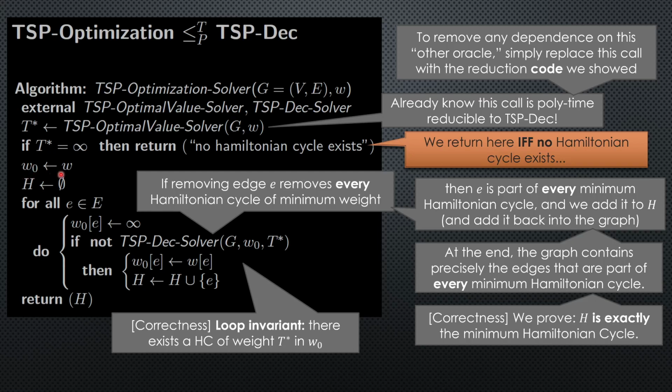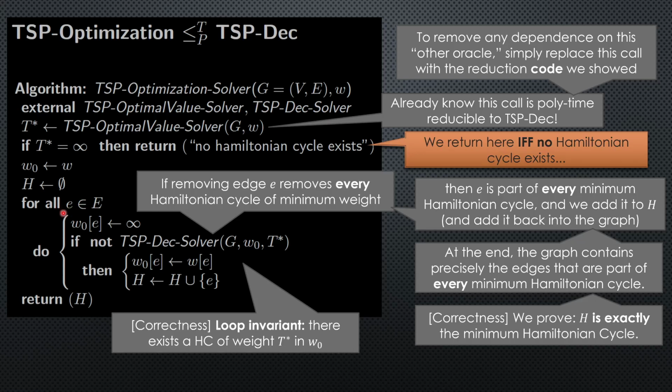And W0, initially we copy W, so W0 represents the original graph. Okay, so this is true. The graph induced by the finite edge weights in W0 does contain a Hamiltonian cycle of optimal weight T star before we enter the loop.